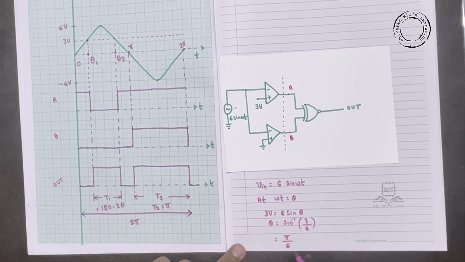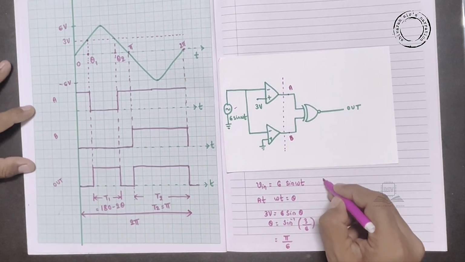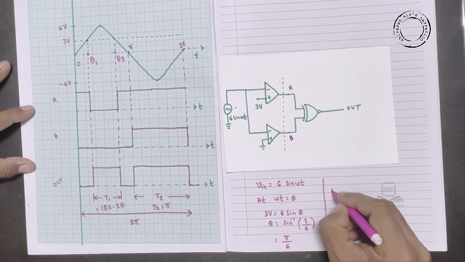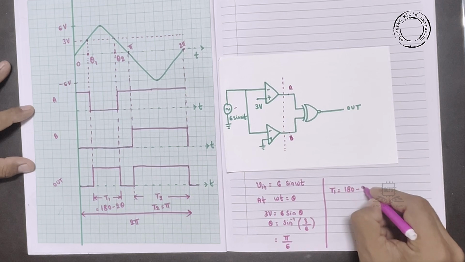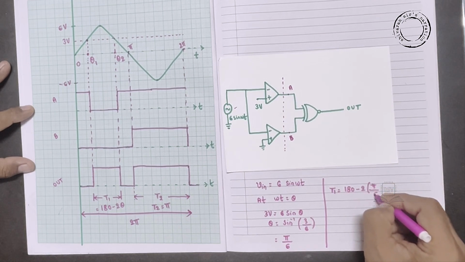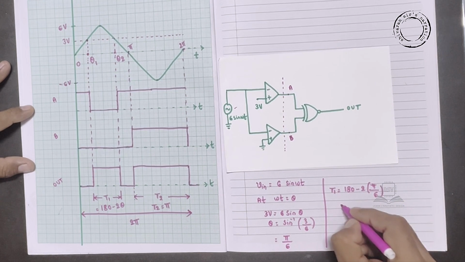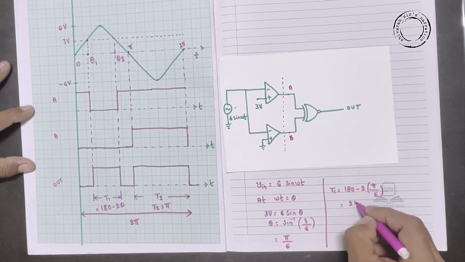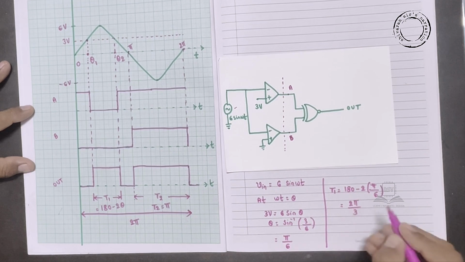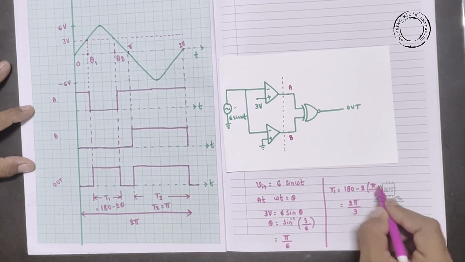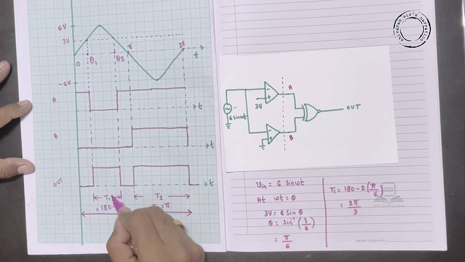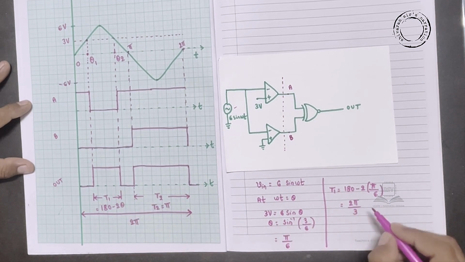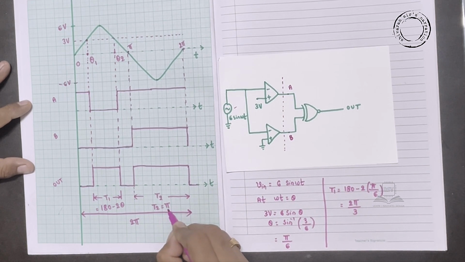Now t1 is 180 minus 2 into pi by 6, then the equivalent is 2 pi by 3. So I am concluding that the time period t1 where the output is high is 2 pi by 3, and t2 is pi.